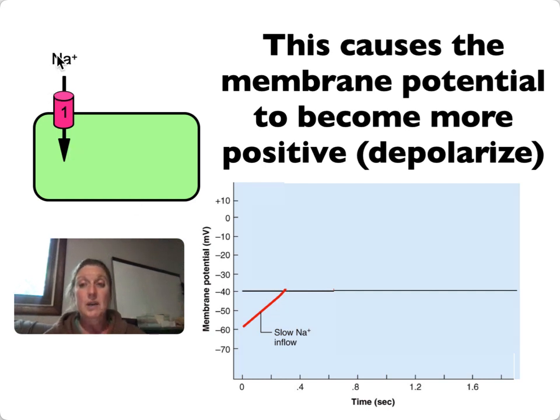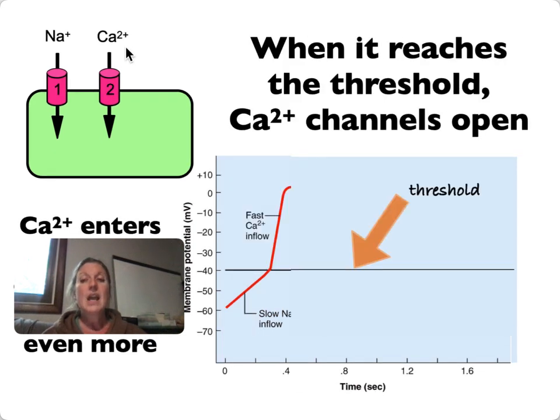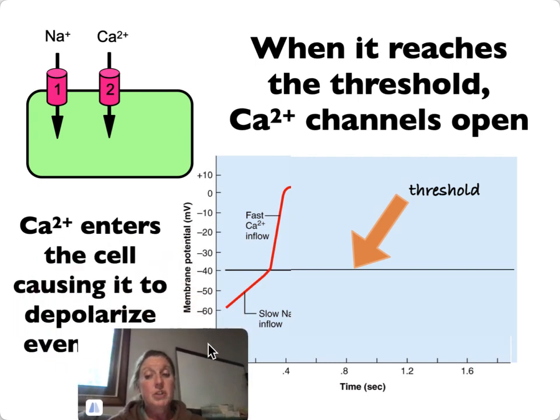As this sodium, this positive sodium, is leaking into the cell. Now, when it reaches a certain charge, which we call the threshold, which is the same thing as the voltage that will open this channel, then the calcium channels open.